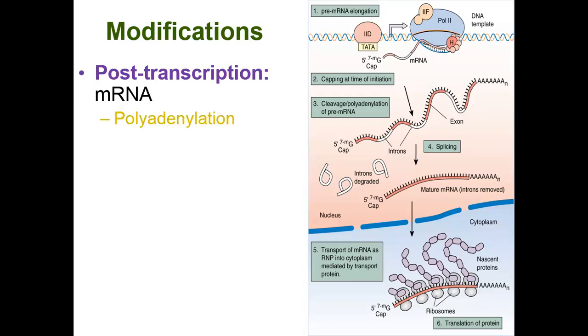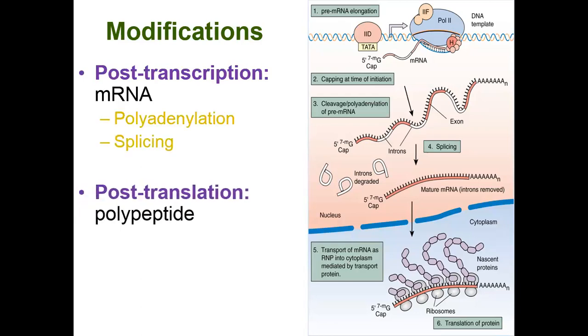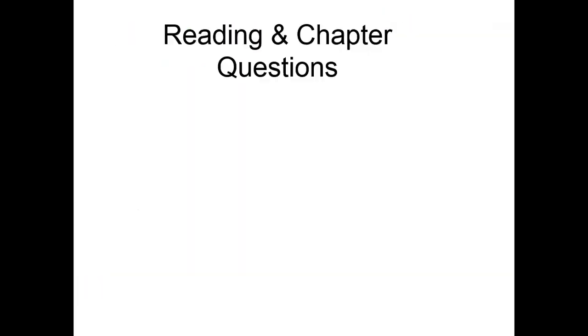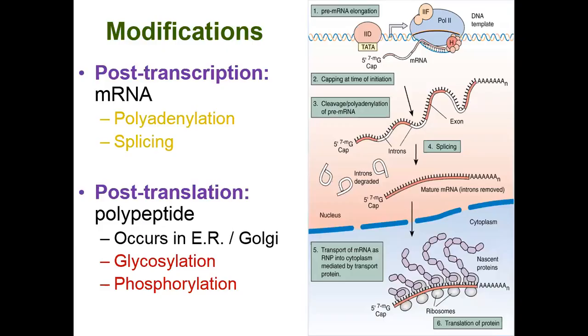There are some modifications that can happen after production to both messenger RNA and the polypeptide chains or proteins. These modifications for messenger RNA happen after it has been transcribed, so we call it post-transcriptional modification.